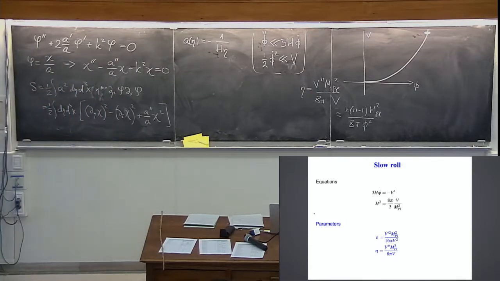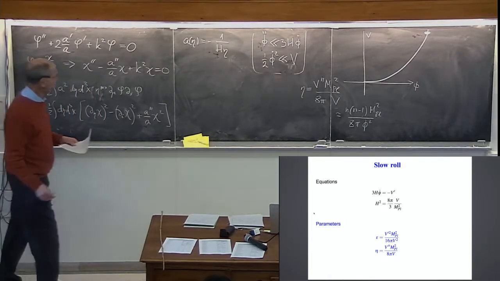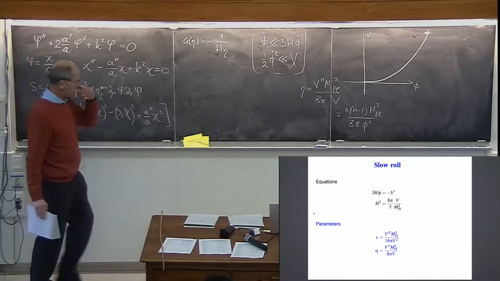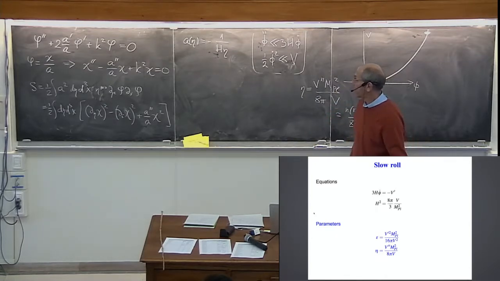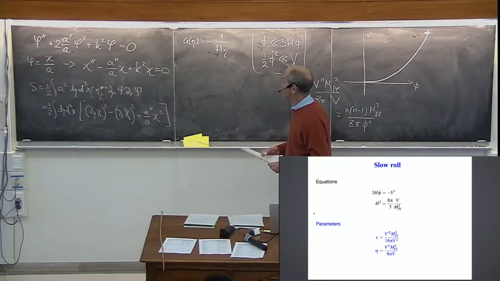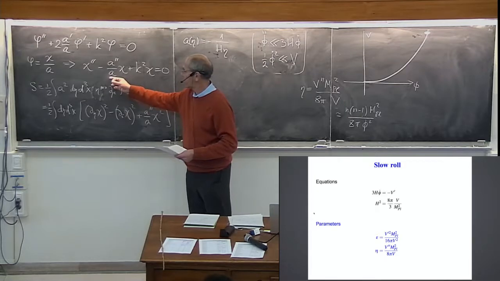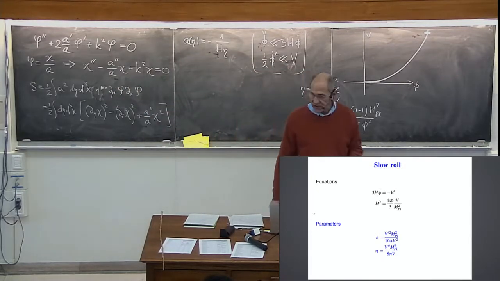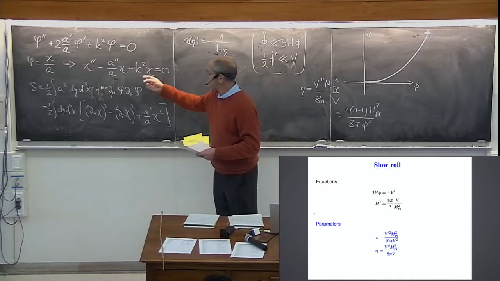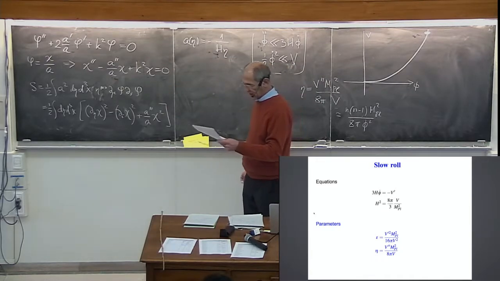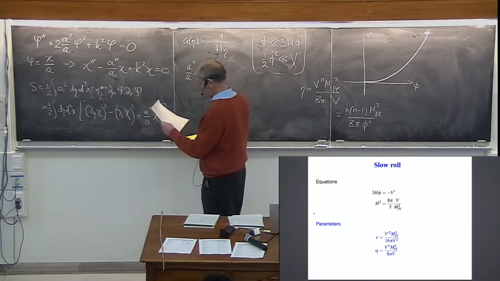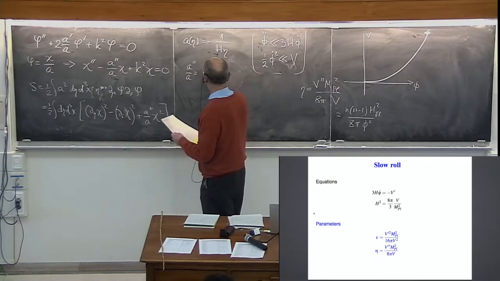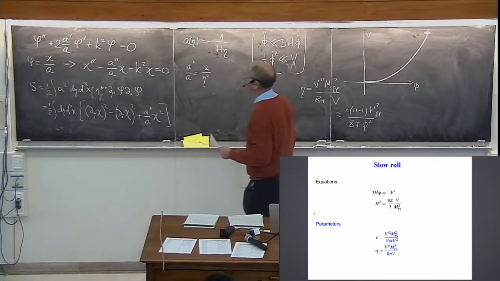Okay? And again, this a prime prime over a is proportional to the Hubble parameter squared. Anyway, when this term is large, when this term dominates, you are in the superhorizon regime. When the k squared term dominates, you are in the subhorizon regime. And remember, in our particular case, a prime prime over a equals 2 over eta squared.